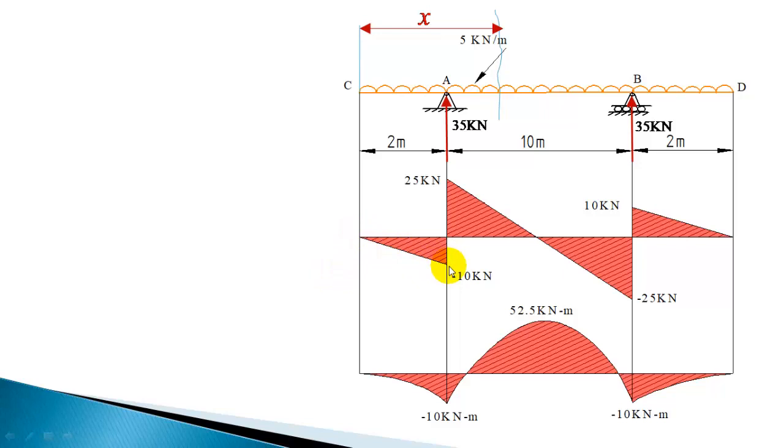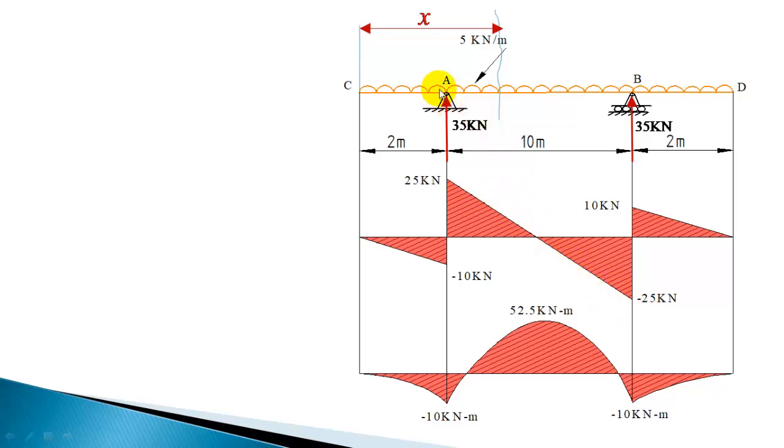So 0 to minus 10 you show. And for the section AB, from right of A we got plus 25 and left of B we got minus 25. So the variation for AB is plus 25 to minus 25. So you can show plus 25 to minus 25.